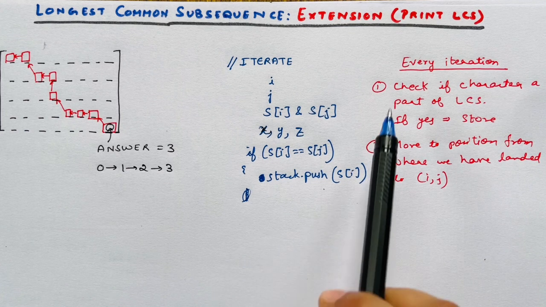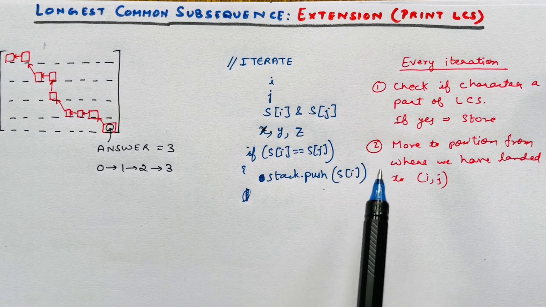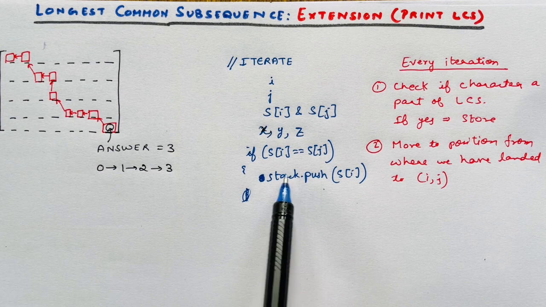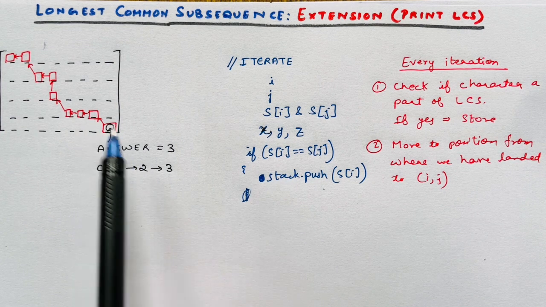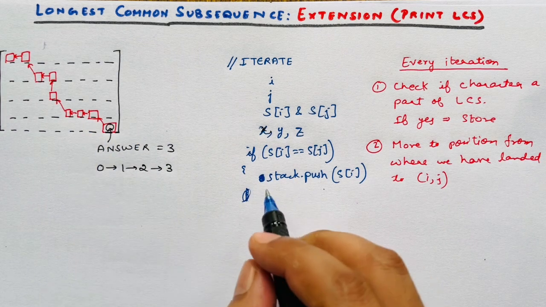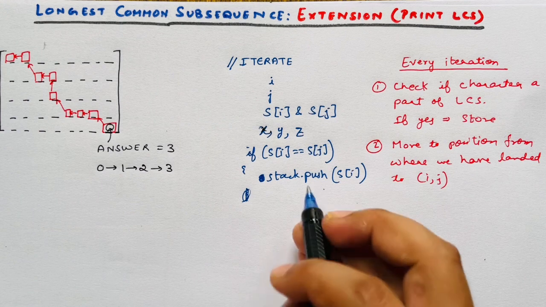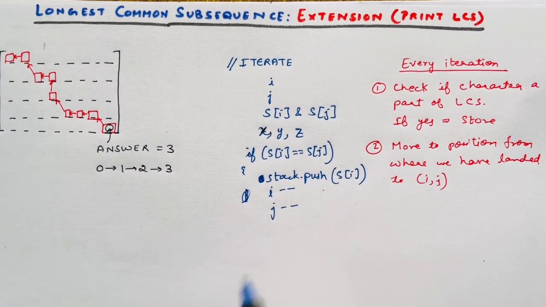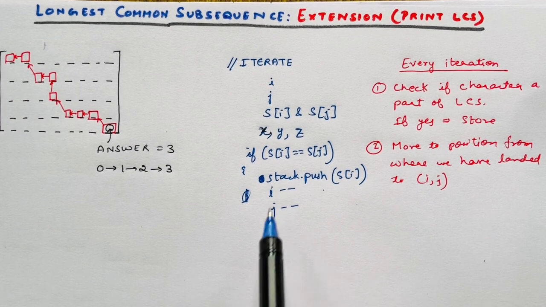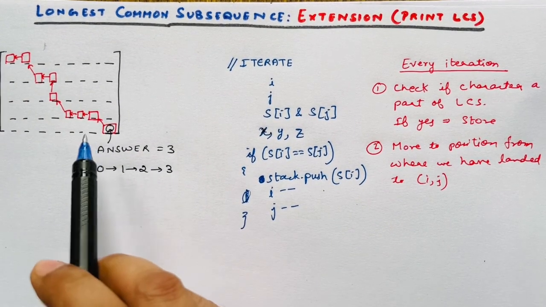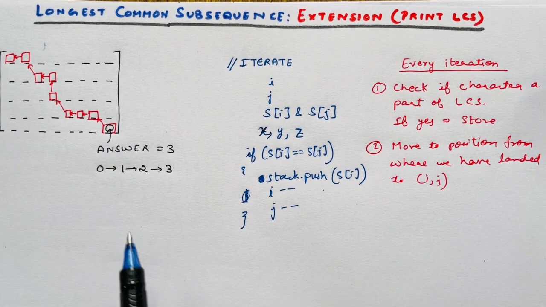Now we are done with one. Our next aim is to figure out the next position. If the characters were equal, that means we have used z. So what will be our next i and j? Our i will go minus minus and j will also go minus minus. Otherwise, if these two characters were not equal, then we would have used either x or y to fill this value.